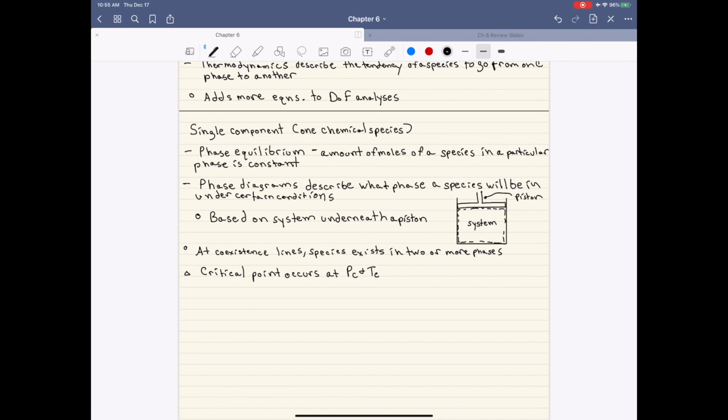Okay, and for the line between the liquid and vapor phases, the pressure of that line corresponds to the vapor pressure, and the temperature at that line is the boiling point temperature.